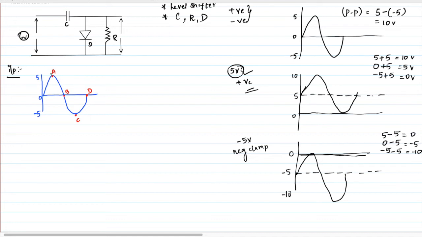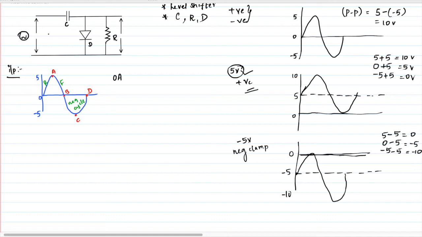So 0 to A is the rising signal, and A to B is the falling signal, and this is as usual negative cycle. Only positive cycle, assume it as a rising signal and falling signal. So what happens when you apply a rising signal, that is 0 to A?